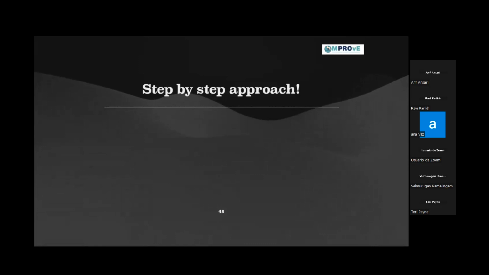Now, we know what the A lines are, what the B lines are, and how they are generated. We know what kind of pathology can give you more A lines, what kind of pathology can give you B lines, comet tail artifacts, and there will be a pattern coming to it. I'll show you all the patterns in the upcoming slides, but we have to keep a systematic approach when we are dealing with it.